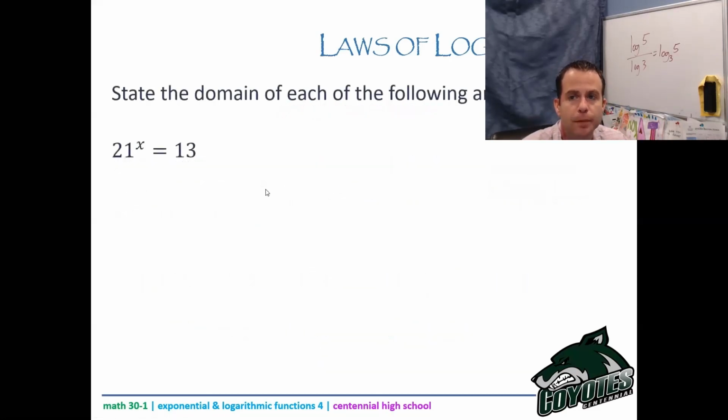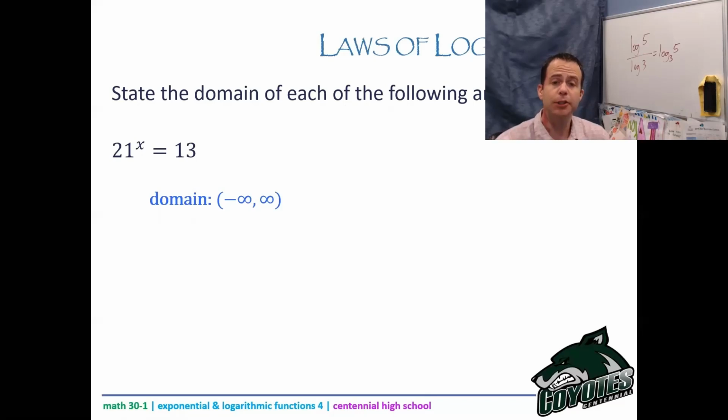Okay, so state the domain of each of the following and then solve. So I got 21 to the x equals 13. Remember, if you're trying to think about the domain of this, you're really just thinking about what can x be. X can be anything. So we say the domain is negative infinity to infinity, or x is a member of the reals, whichever one you like to write better.